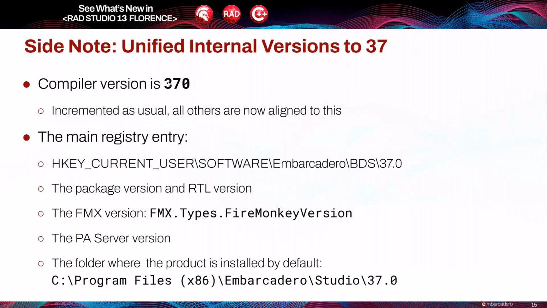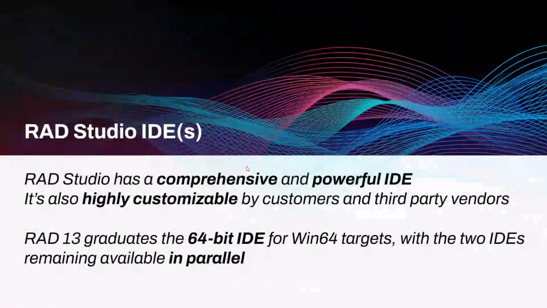Now we've standardized everything, and everything has the same version number. The decision was to take the highest one, which was the compiler. So now everything is 37.0. For example, when you install RAD Studio and want to find the path where it's installed, you're going to find that there's a 37.0. Same thing with BDS in the registry. So now everything is 37, which is on par with the compiler version.